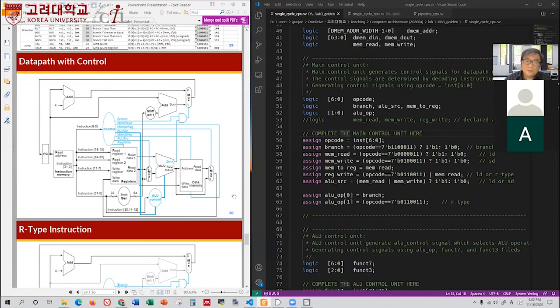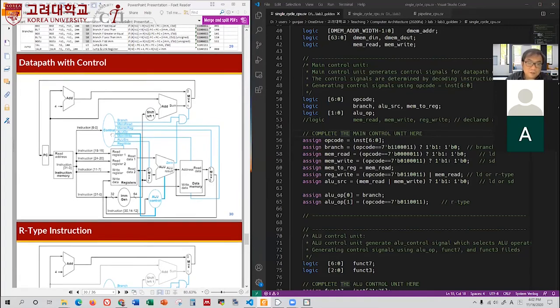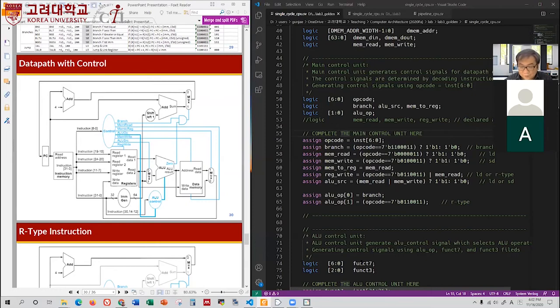Then you can find the main control unit here. I need an annotation tool supported by Zoom here. Okay, so you can find the main control unit. Then this main control unit generates the control signals here, and as you can see, this main control unit receives the instruction from bit 6 down to bit 0.